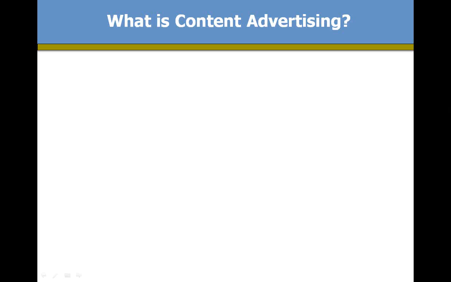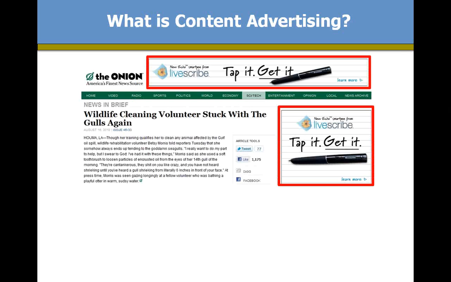So to jump right in, let's go back and look at what content advertising actually is. Content, as I'm pretty sure you're all familiar with, is these ads that show up around and in content on the internet. So for instance here, we've got The Onion, one of my favorite websites, and you can see that they've got image ads both above and next to, in this case, unrelated content.